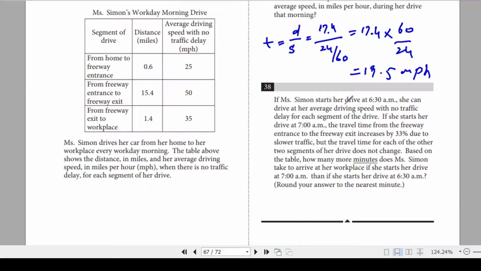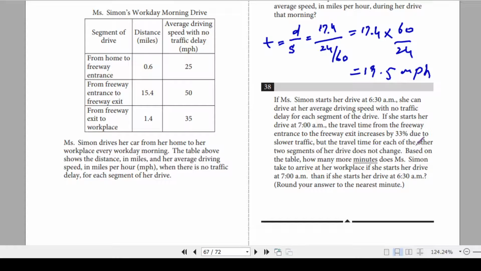If Miss Simon starts her drive at 6:30 a.m., she can drive at her average driving speed with no traffic delay for each segment of the drive. So the speeds and the times remain constant as in this table. If she starts her drive at 7 a.m., the travel time from the freeway entrance to the freeway exit increases by 33% due to slower traffic.